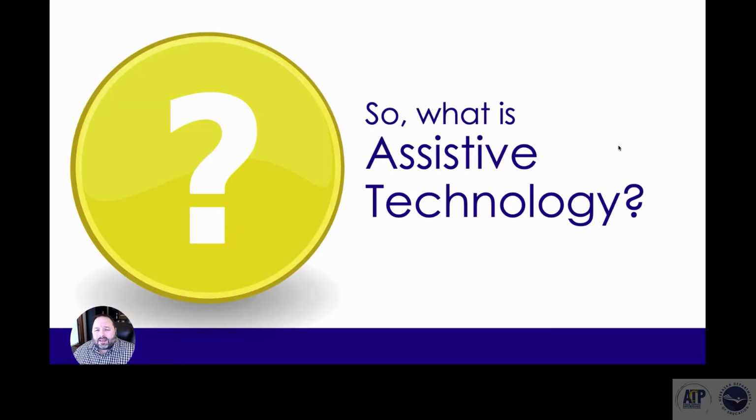So, what is assistive technology? Well, it's either an instructional or a compensatory intervention. And truth be told, it really is a compensatory intervention. Let's go back to those eyeglasses. Eyeglasses are a key example of a type of assistive technology. When we look at eyeglasses, an individual uses the eyeglasses and their performance improves.